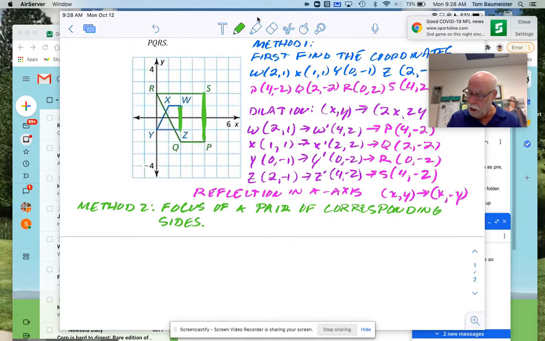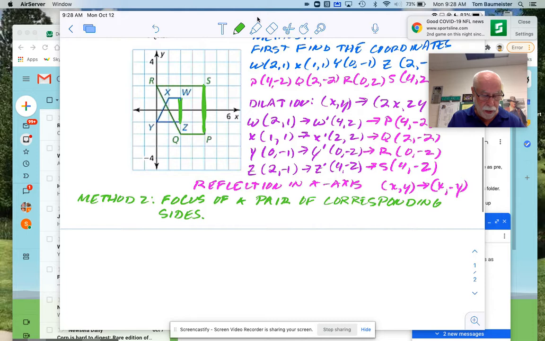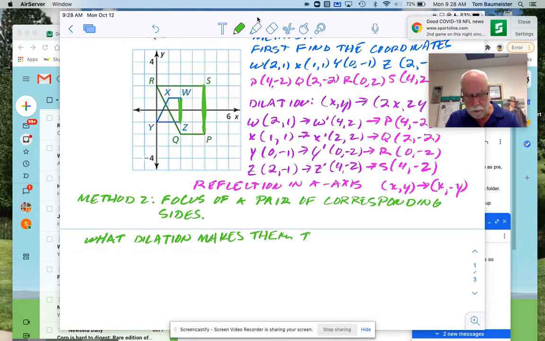All right. So what you have to do is say and think about these questions. All right. What dilation makes them the same size? Well, if it's still 1 or -1, you know they would be the same size.